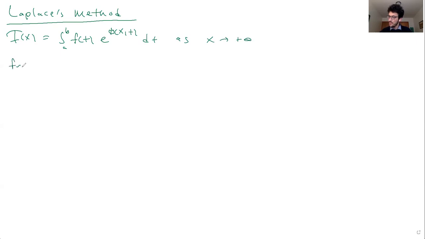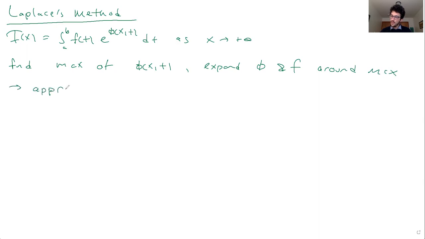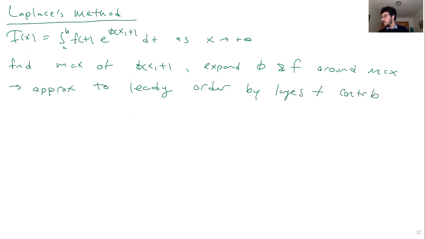And we want to essentially find the max of phi of x and t, and expand both phi and f around this max, to essentially approximate to leading order by the largest contribution of e to the phi of x, t.